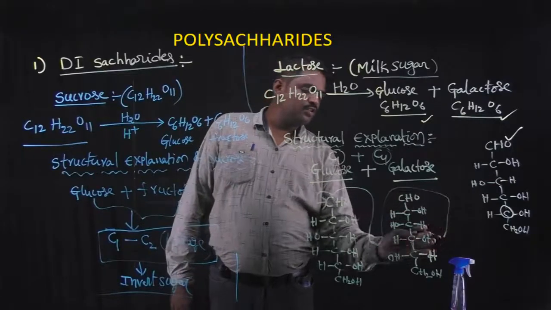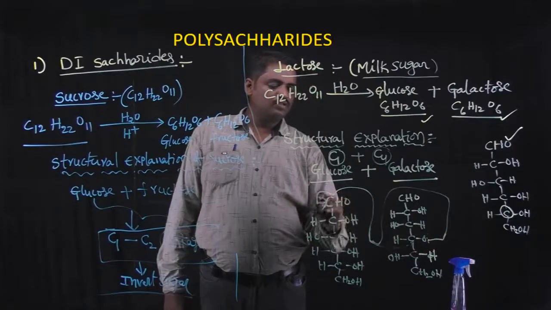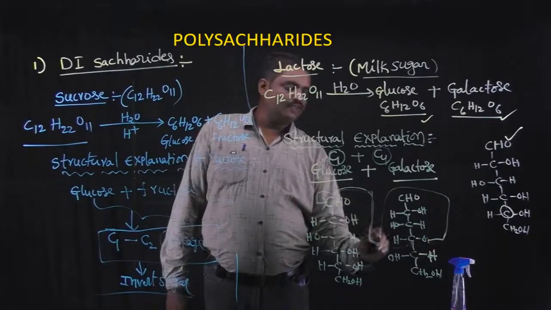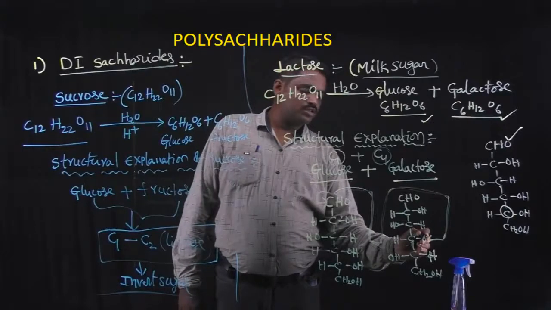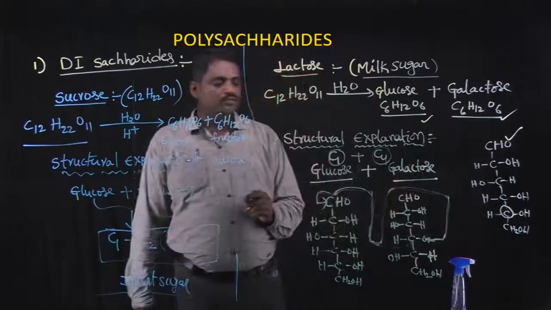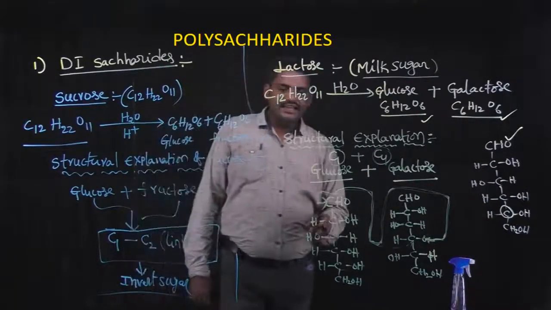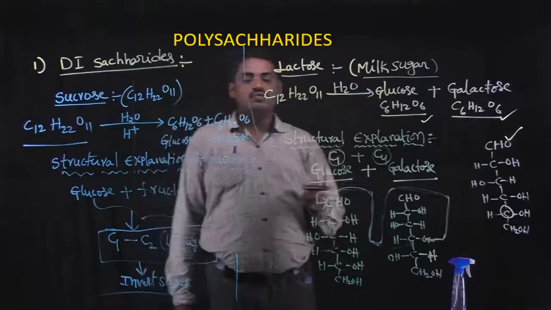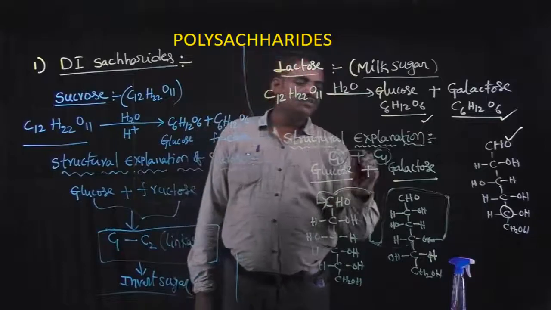So this link is joined with both molecules, the first carbon of glucose and the fourth carbon of galactose. Finally, the link is the C1C4 link.